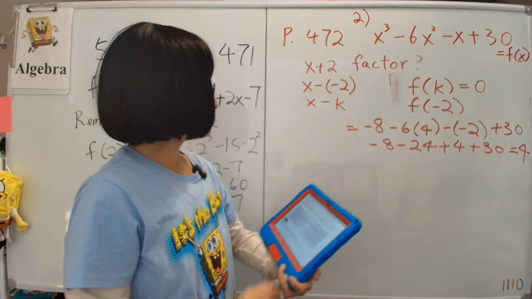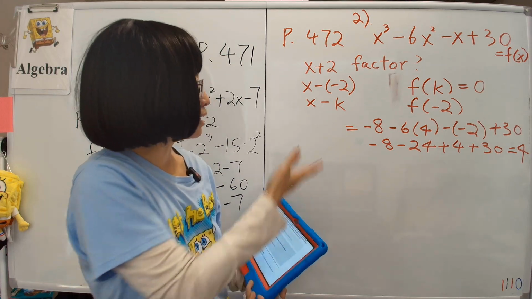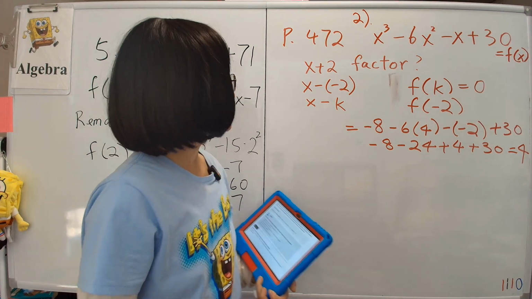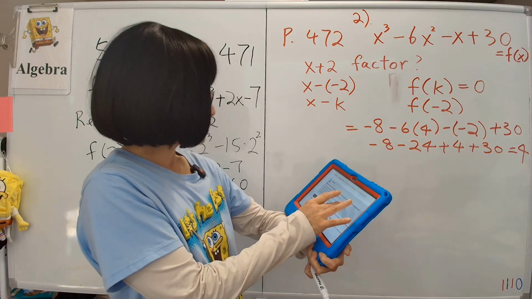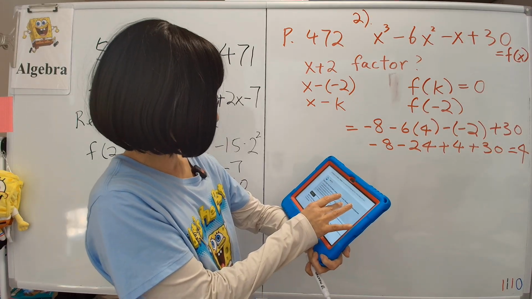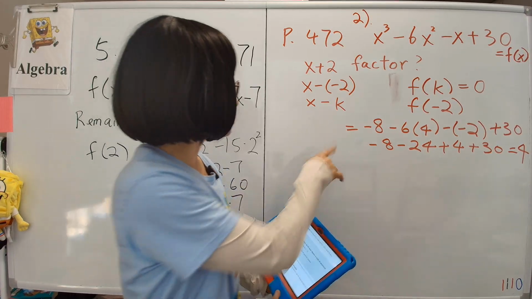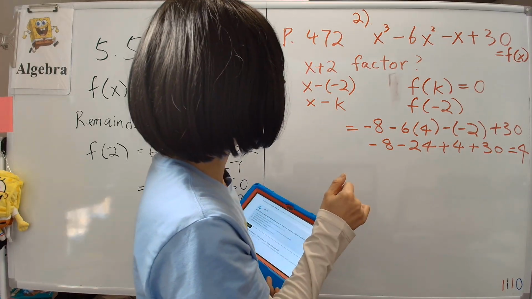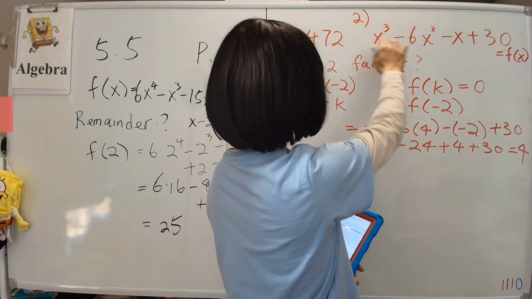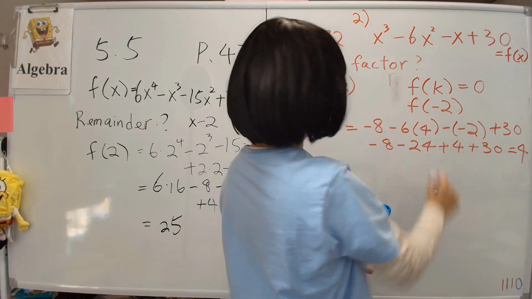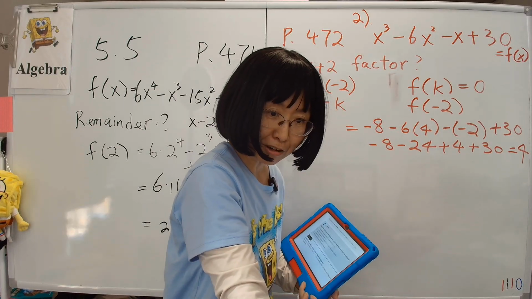So why should it be 4? Well, I'm obviously wrong because it's supposed to be a factor. Did I get the polynomial wrong? No. Then I must have done the math wrong. Let me figure out where I went wrong.